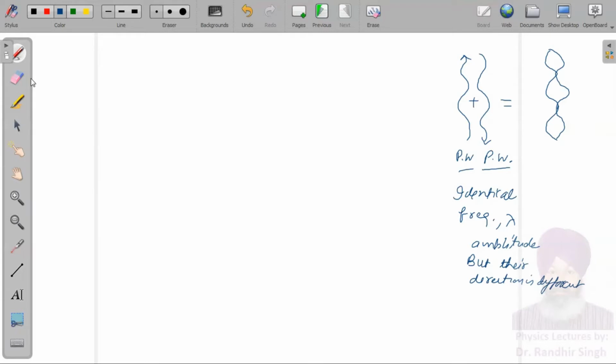Let me rather draw it appropriately. Like this. These points are called nodes.